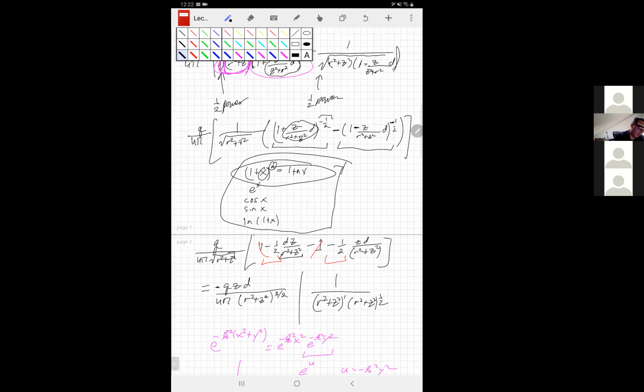Then we just use the fact that 1 plus x to the n is roughly 1 plus nx. And so 1 plus zd over r squared plus z squared becomes 1 minus 1/2 zd over r squared plus z squared.